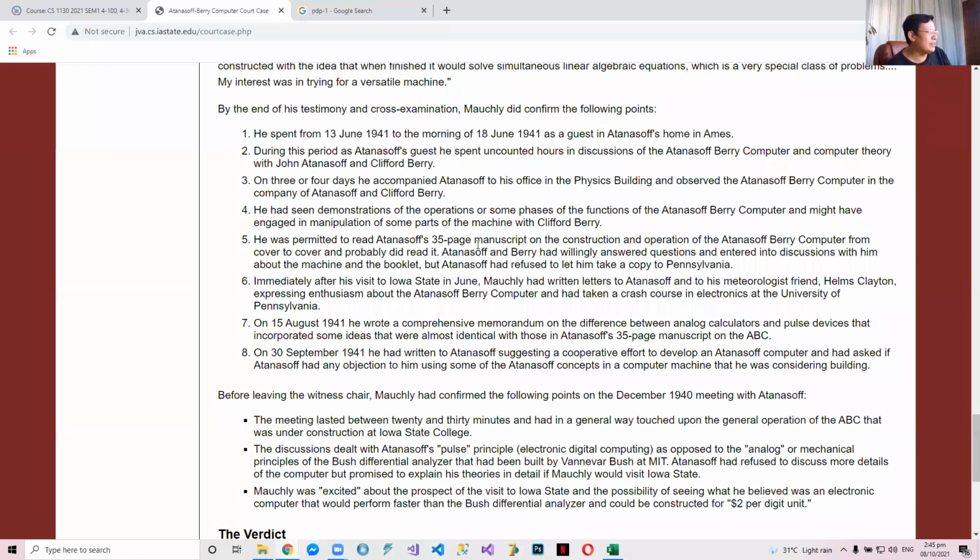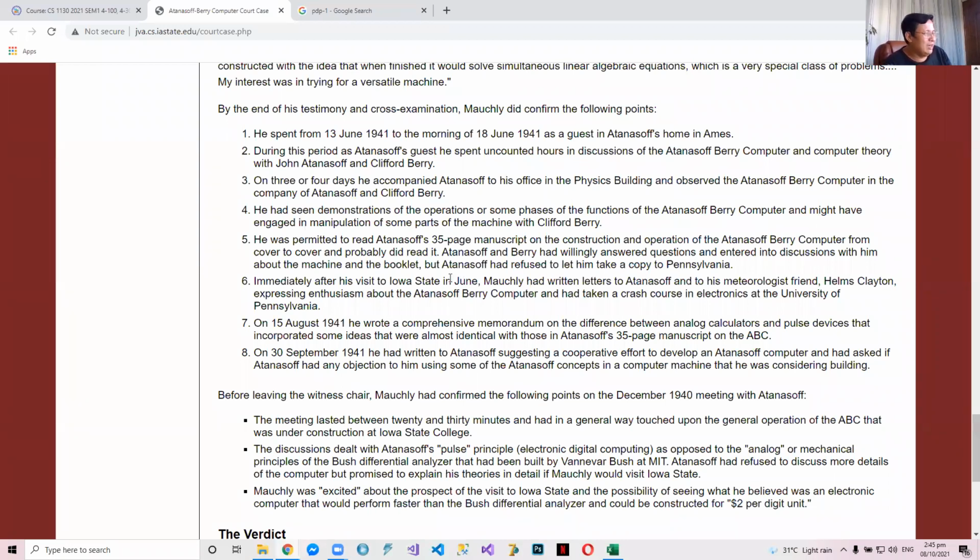In fact, he was given a 35-page manuscript on the construction and operation of the ABC computer during those days. After which, Mauchly wrote letters to Atanasoff and his friends, having shown interest in the ABC computer, and he took a crash course in electronics, because John Vincent Atanasoff was a physicist and Mauchly is a mathematician. So he doesn't know any electronics.